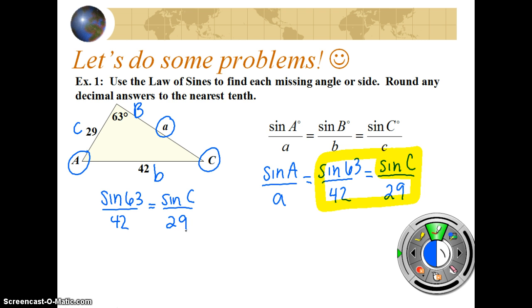So you're going to cross multiply. You get 29 times the sine of 63 is equal to 42 times the sine of C, and then we divide by 42 on both sides.